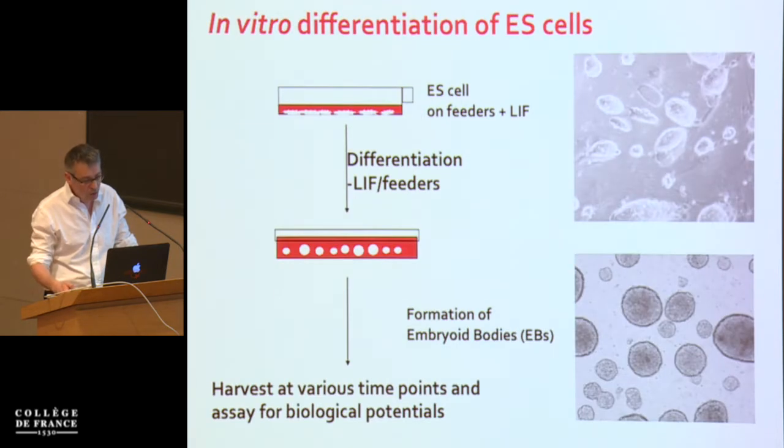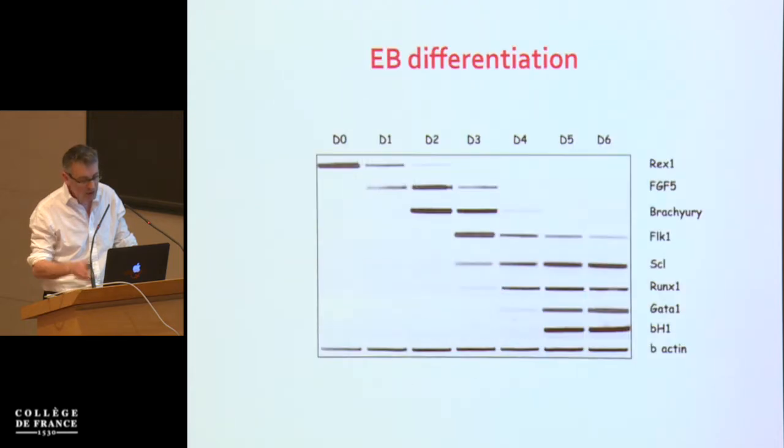Most of the work is done with murine ES cells. So we grow the cells in the presence of a feeder layer of murine embryonic fibroblasts. To differentiate them, we remove the fibroblasts and we differentiate them as embryoid bodies. And really the trick to use this system is to have a very good synchronous wave of differentiation.